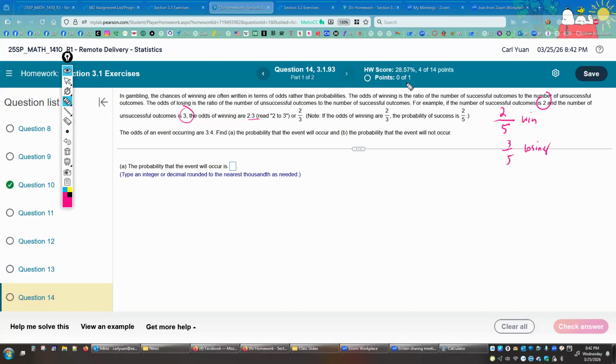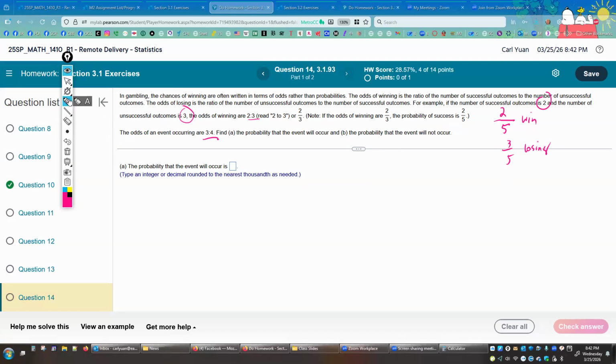All right. So the odds of an event occurring are 3 to 4. Okay, so now we're looking at the different events. Find the probability that the event will occur and the probability of the event that will not occur.